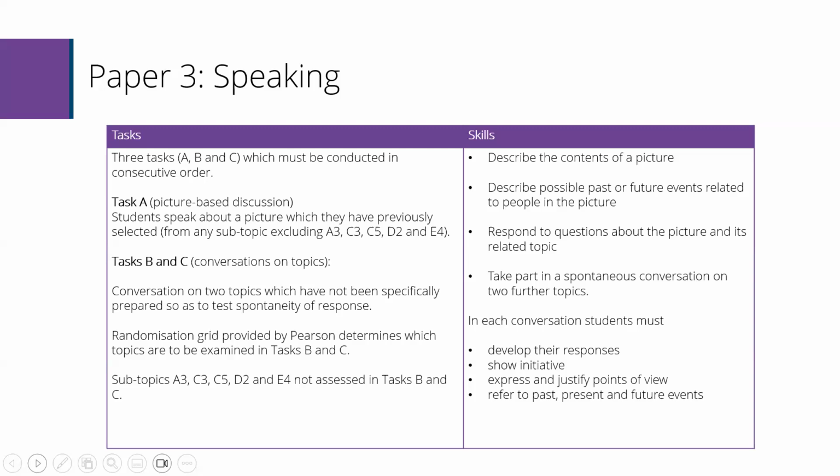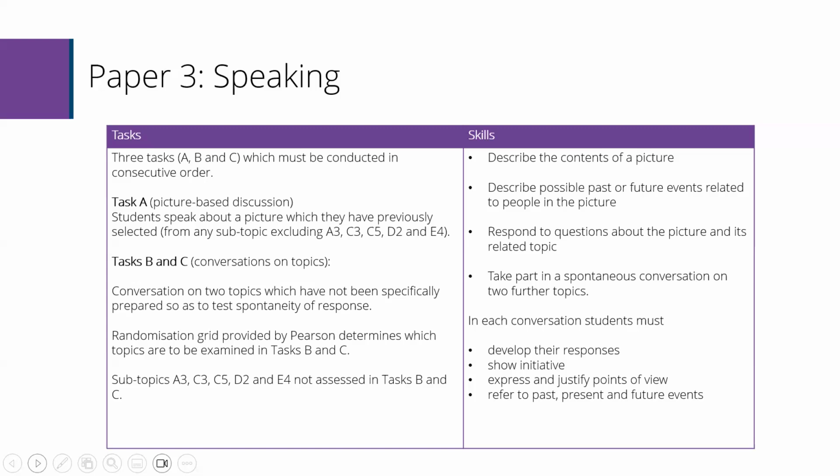The conversation needs to have spontaneity. And in each conversation, students need to develop their responses. They need to show initiative. They need to express and justify points of view, and they need to refer to past, present, and future events.